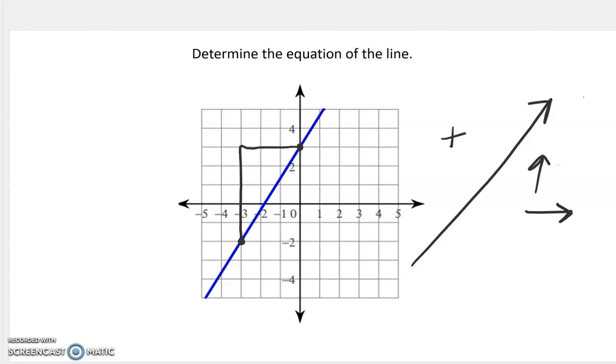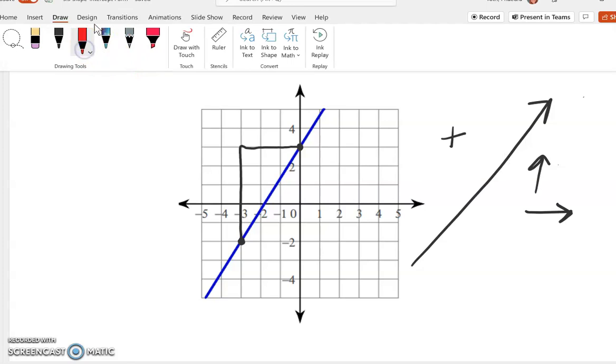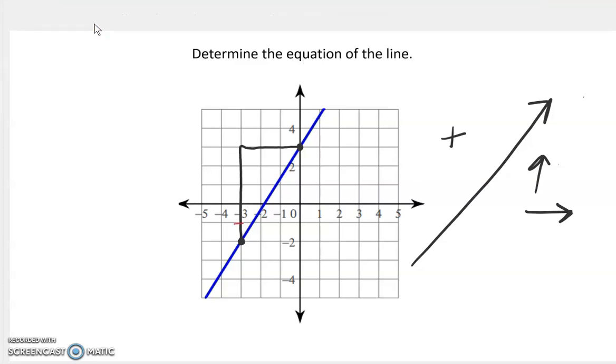So let me tick those off with some red. So we've got 1, 2, 3, 4, 5. We're going up 5 over to the right. Now we're going to go 1, 2, 3. So right here we have so far y equals 5/3 x.